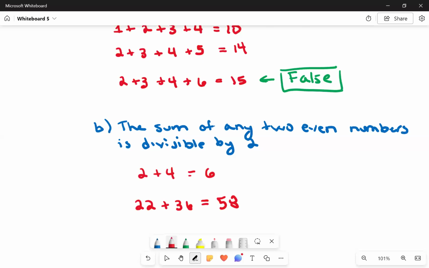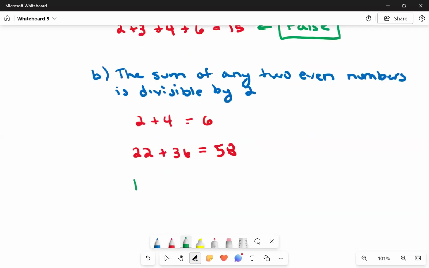Now, I'm going to show you it's possible to prove it. Let's do another little proof here, and let's not get scared about the proof, okay? I'm going to rationalize our way through it. Let's consider the number 6. It's divisible by 2 because it's even, which means 6 divided by 2 is 3. Or in other words, 2 times 3 is 6.